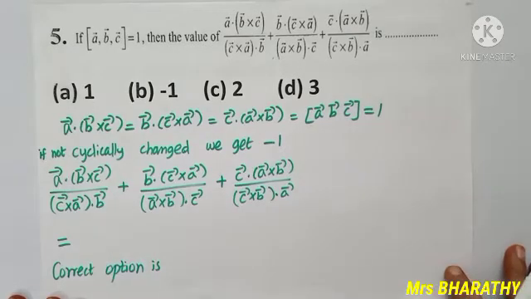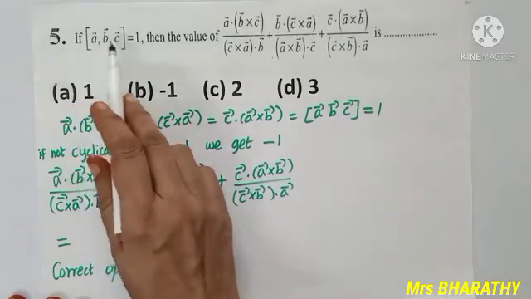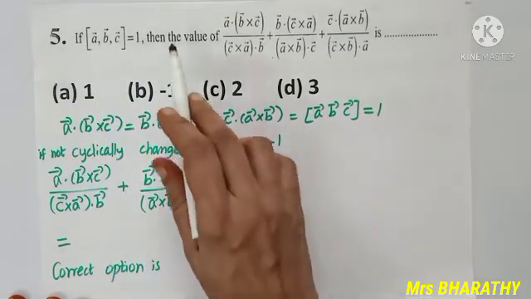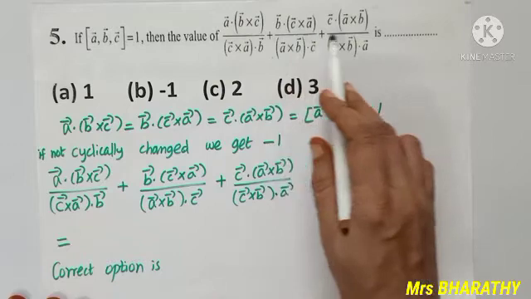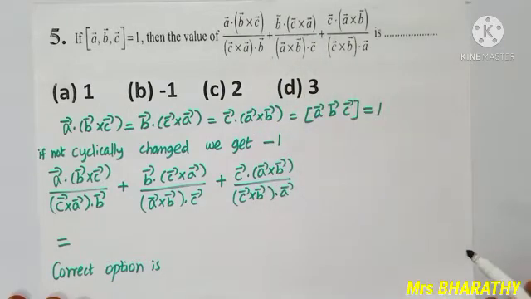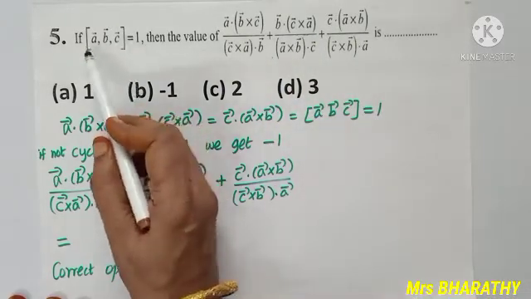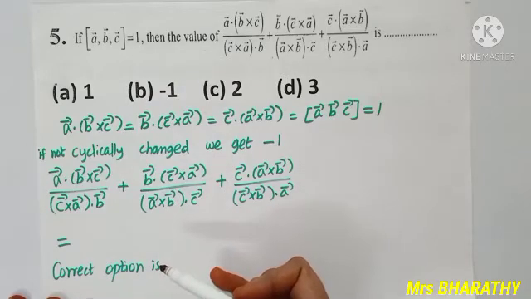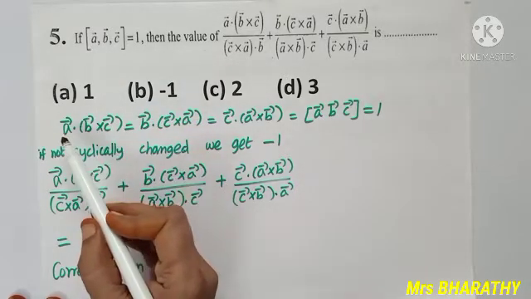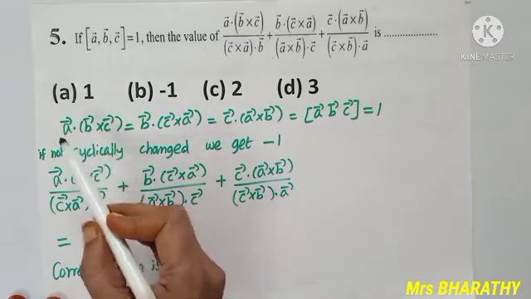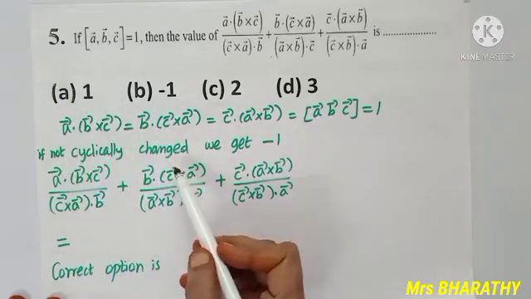Question number 5. If A, B, C, the box product is 1, find the value of the given expression. Whenever I know the box product ABC is 1, what do I mean? It is A dot B cross C. I can cyclically change.